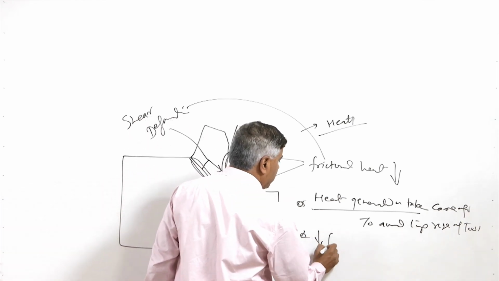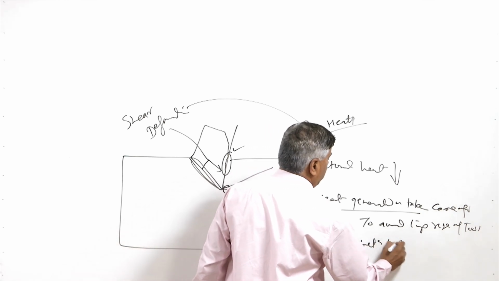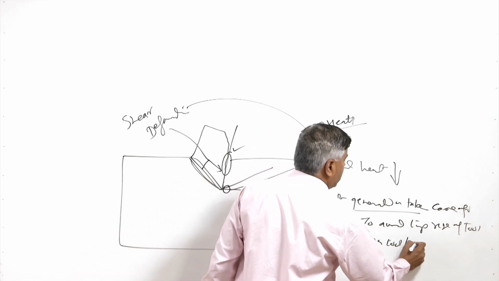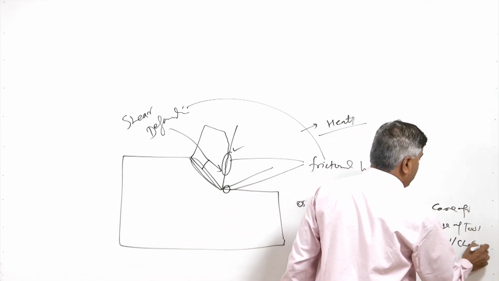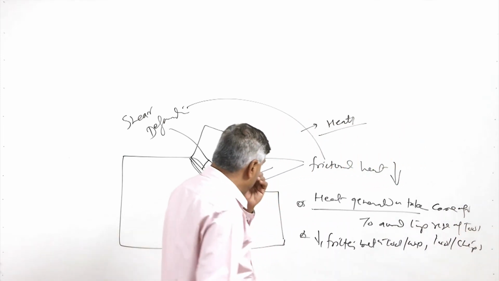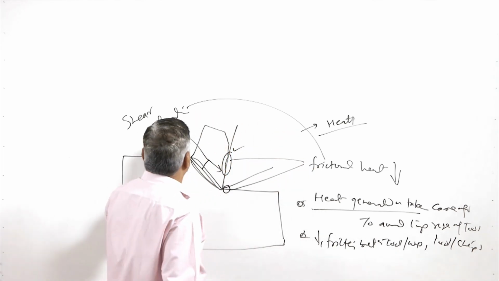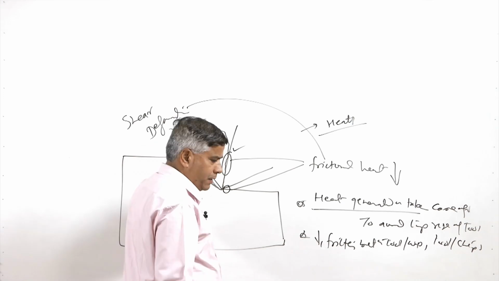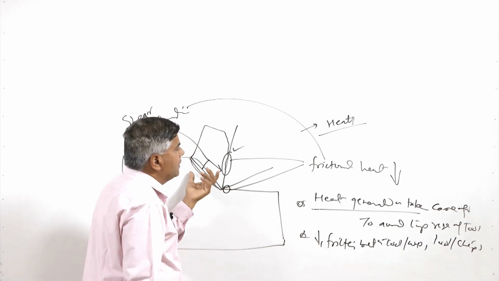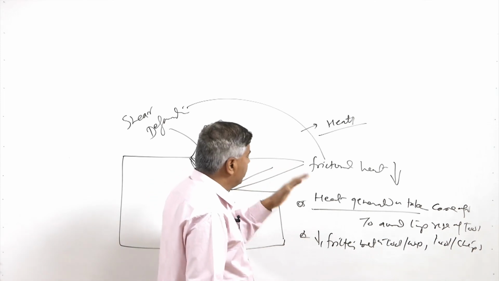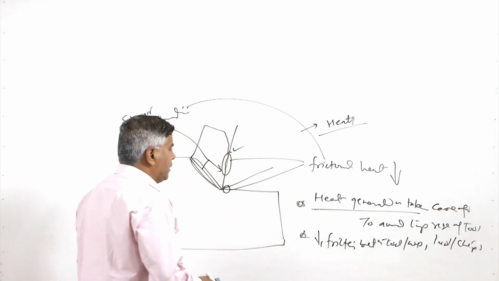Although both these are sources of heat, since these two deformations cannot be avoided, we need to work on the frictional aspect, and the friction can be reduced by suitable lubrication.